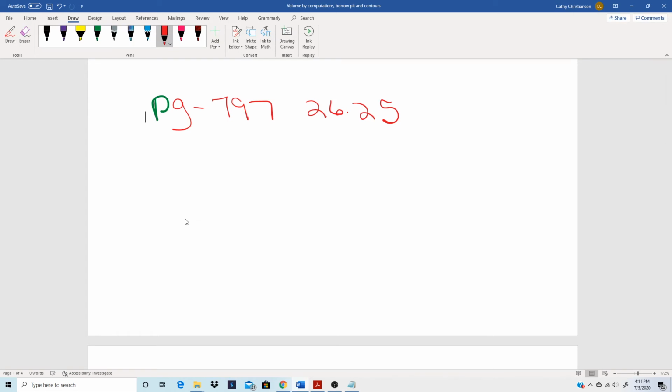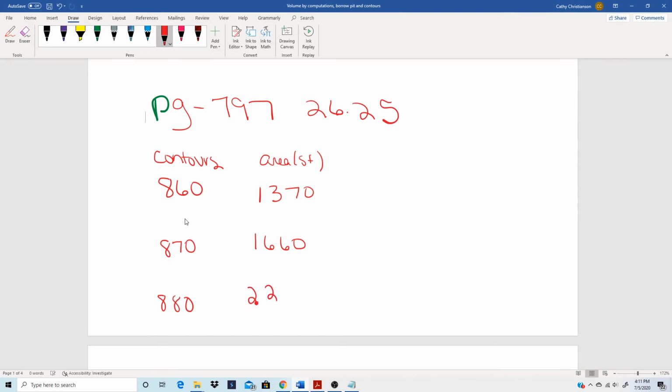Alright, so I'm going to come up and this is 86. So this is contours. 87, 88, or 880, and this is my area, and it's already in square feet. That would be 1370, 1660, 2293.